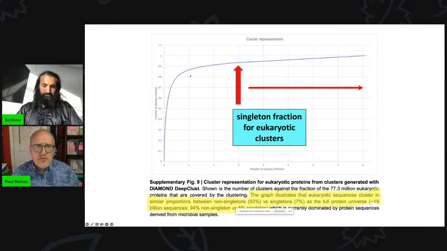You get almost the same curve, where the point where the singleton fraction begins is right about here at 93%. And then you have this large region of unique sequences, or orphans, 7%.